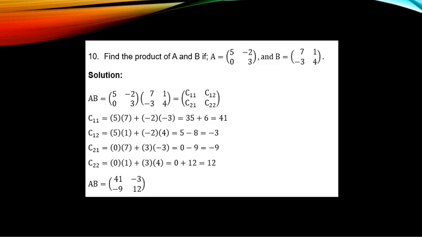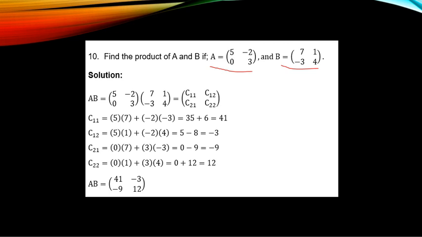So example 10, find the product of A and B, if matrix A is equal to this, matrix B is equal to this. If you check, matrix A is 2 by 2, matrix B is 2 by 2.